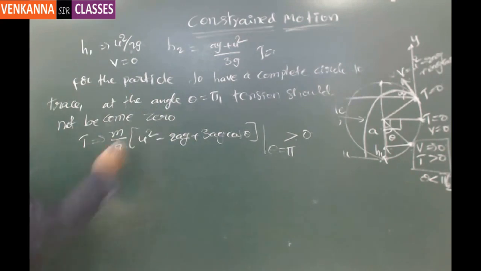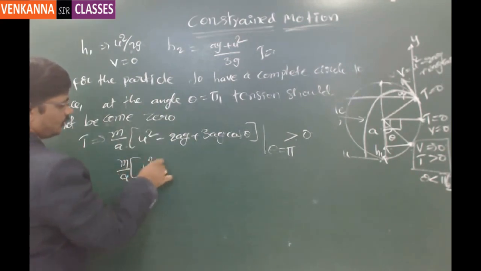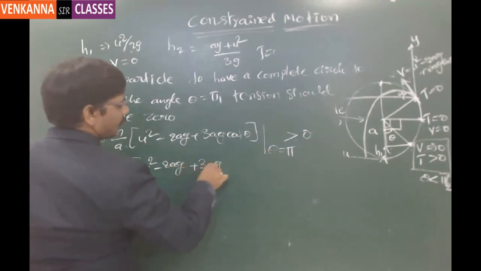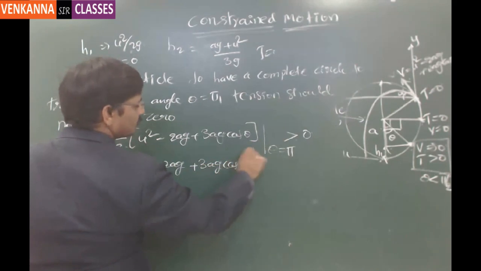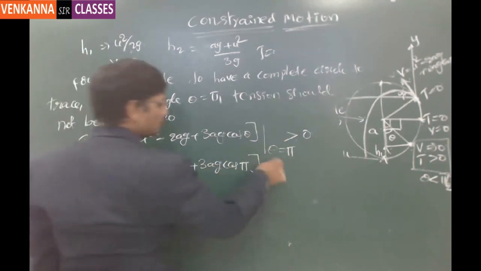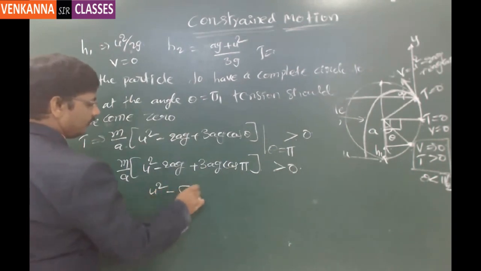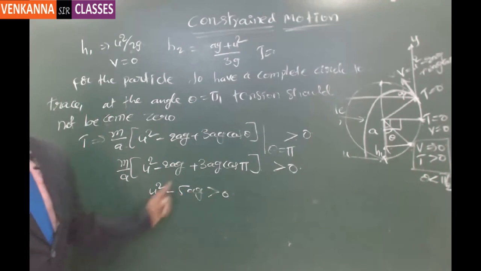Now if you substitute the value m by a, u square minus 2az plus 3az cos pi, cos pi being minus 1, and this should be greater than 0, then u square minus 5az should be greater than 0 so that it can complete the circle.